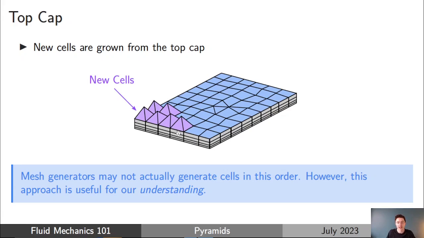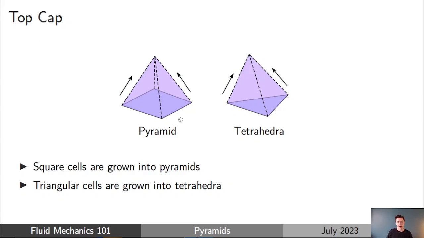So we've grown the layers, and then on top of the layers, starting from the top cap surface in blue, we're going to be growing new cells. The key is to think that square cells in that top cap surface are going to be grown upwards into pyramids, whereas triangular cells are going to be grown upwards into tetrahedral cells.